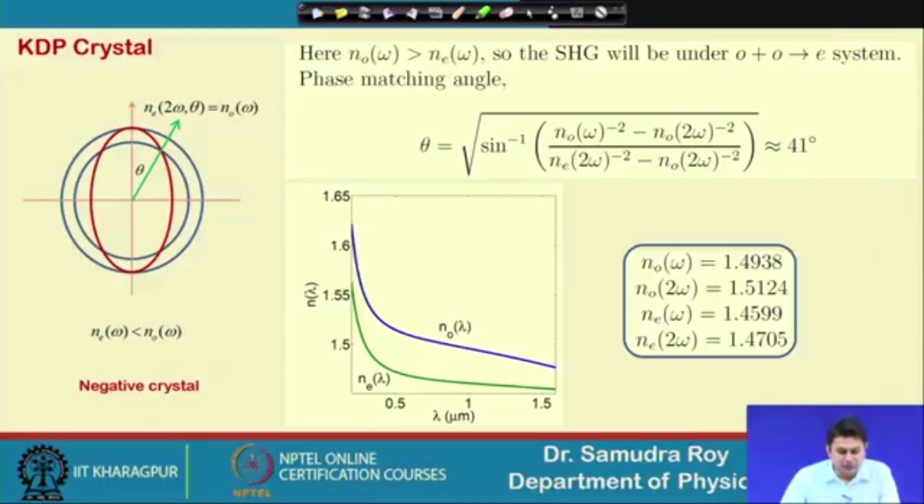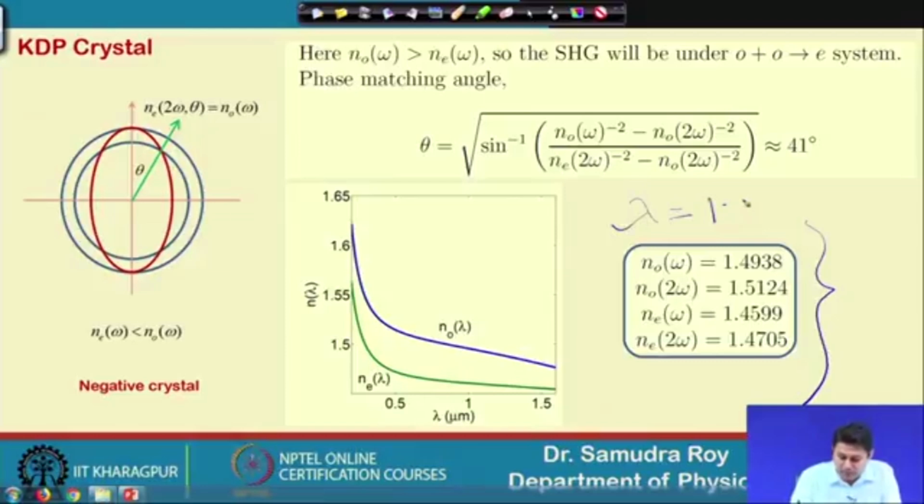We were also able to calculate the n values at different wavelengths. For example, these are the different n values, given at the operating wavelength lambda equal to 1.064 micrometre, and there is also 2 omega.